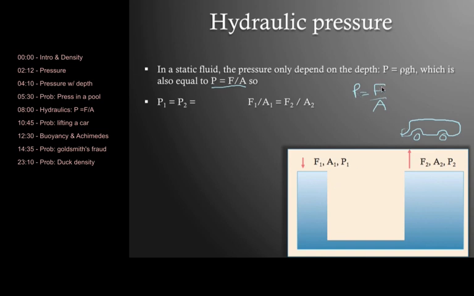The pressure is equal to the force over the area, and this pressure only depends on the depth of the fluid. So if we look at the fluid at a certain depth, the pressure right here is going to be the same as the pressure over here, because it only depends on the depth of the water above it.